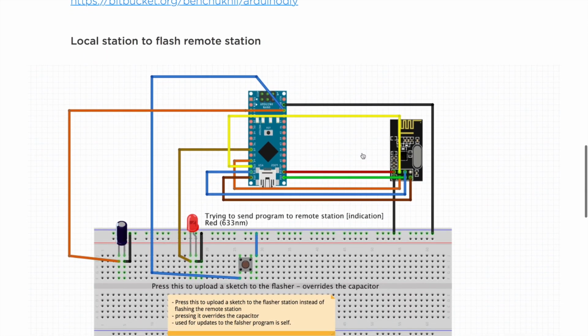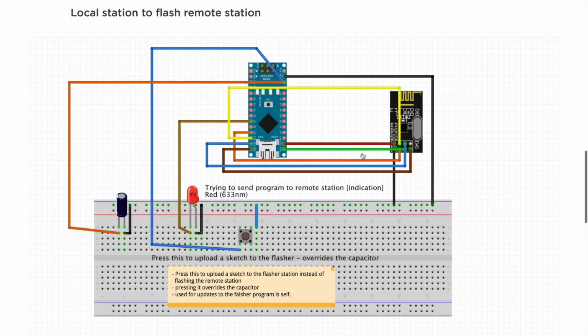So this is the local station, and as you can see, you have here the Arduino, and the Arduino is connected to this RF24, and the most important thing here is this capacitor. I'm gonna link in the description how many microfarad this capacitor is and everything. I think it's 47 microfarad.